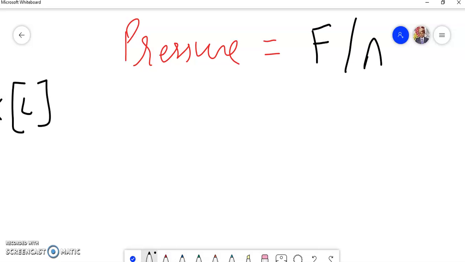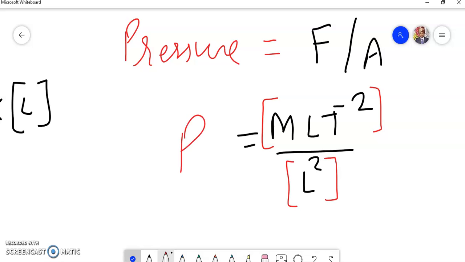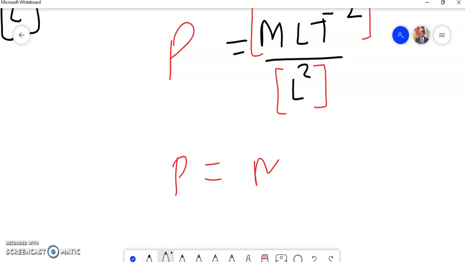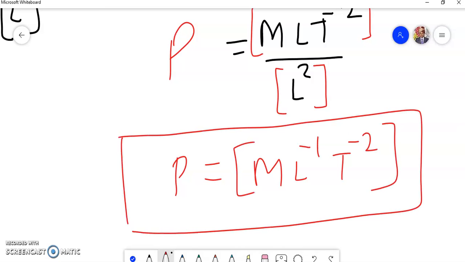So this force is M L t -2, which you have just seen, and this area is L square. Dear students, don't forget to put this bracket, because this bracket is very important. So this pressure is equal to M L -1 t -2. So we got the formula of pressure.